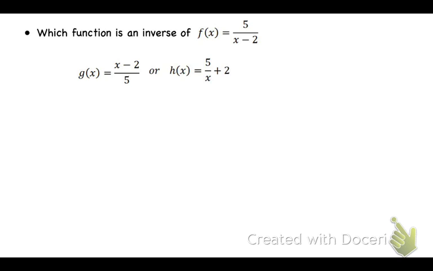So what I have to do is g of f of x and f of g of x, and they would both have to equal x, or it's going to be h of f of x and f of h of x, which would have to equal x. So one of those two groups. So which one do you guys want to try first, g or h?